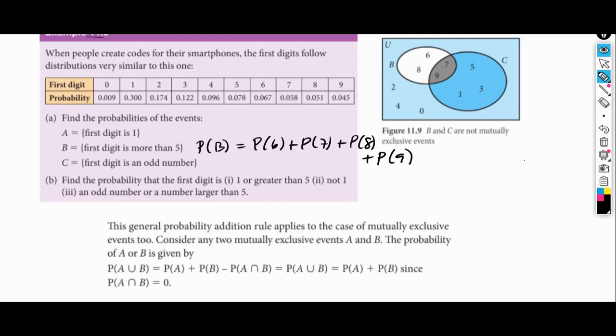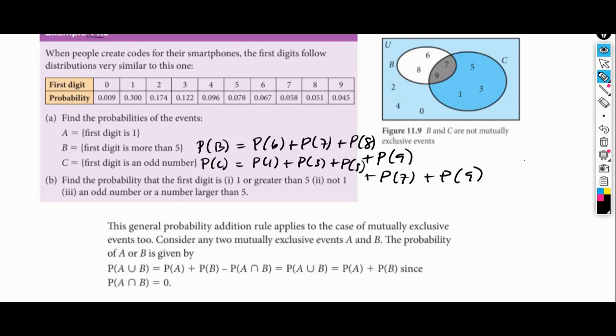And then for event C, the first digit is an odd number. We said that the probability for C is equal to the probability that it's 1 plus the probability that it's 3 plus the probability that it's 5 plus the probability that it is 7 and the probability that it is 9.